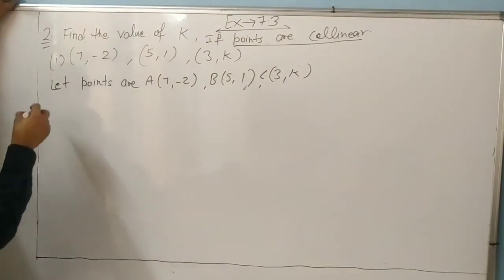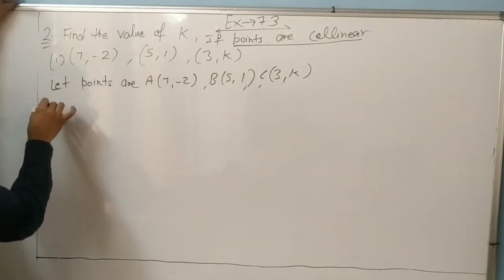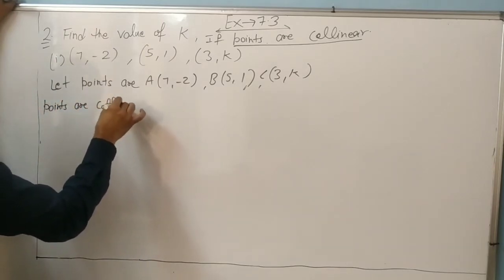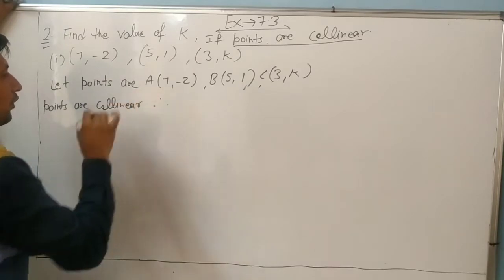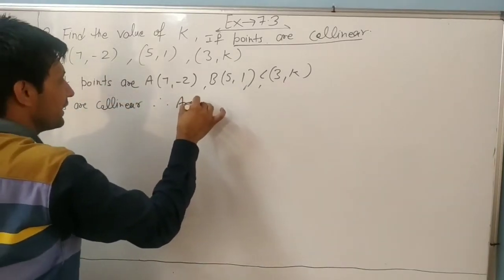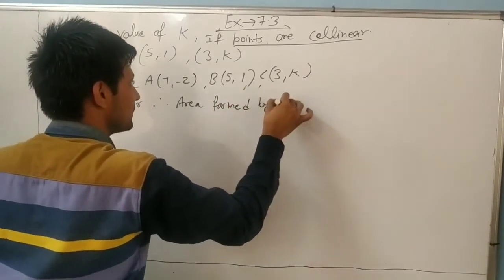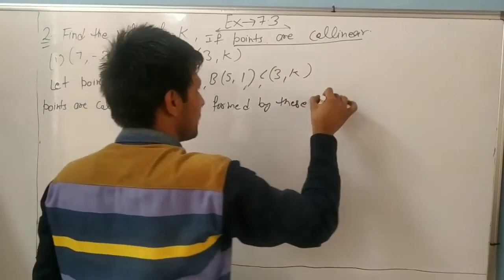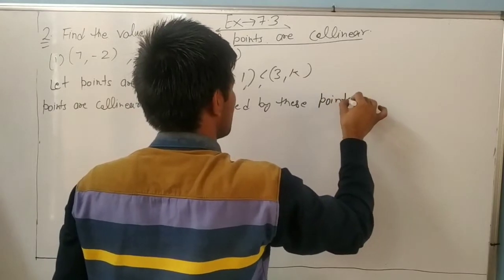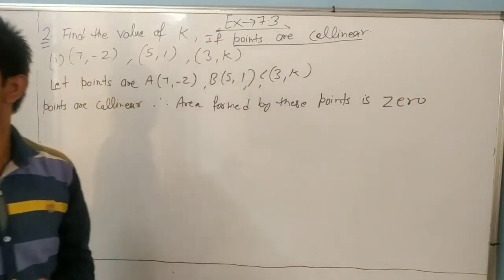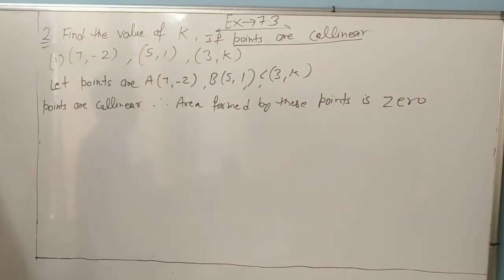Understand? And you will write, points are collinear. Therefore, the area formed by these points is how much? It is 0. Understand?